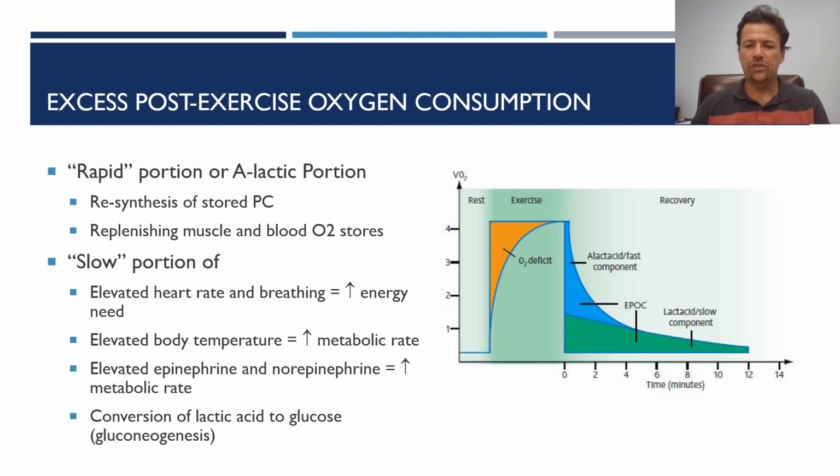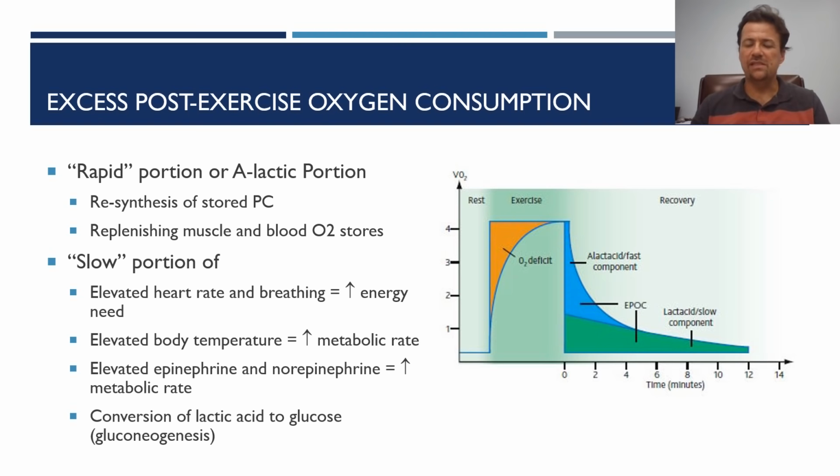But the slow portion takes place over a much longer period of time, and some people even argue that it's elevated over 24 hours. This would include the things that we just mentioned: the elevated heart rate and breathing, the elevated body temperature, the elevated hormones, and the slow process of converting lactic acid to glucose. This is called the slow portion of the EPOC.